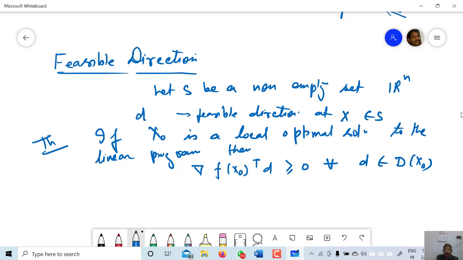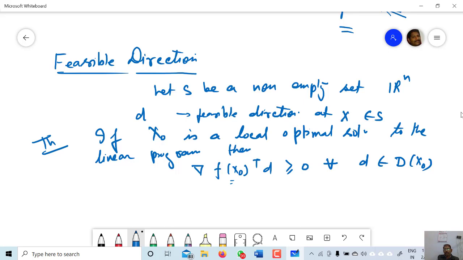Okay. So I think I have already discussed this thing, that it will be equal to 0 because of the direction of the function and the direction of d. Okay. The derivative of the function in the direction of d should be greater than or equal to 0, and at the minimum point it will become 0.